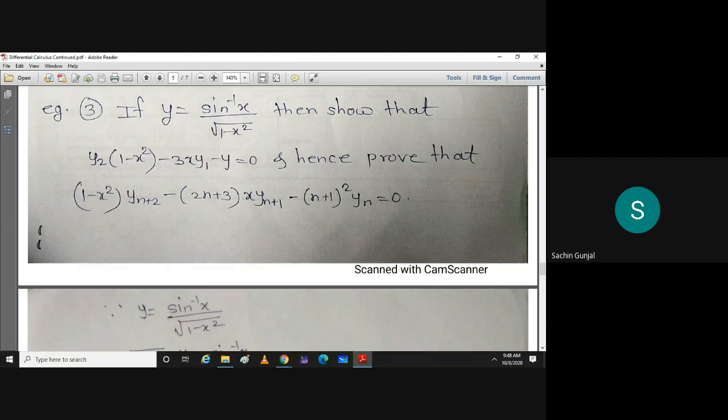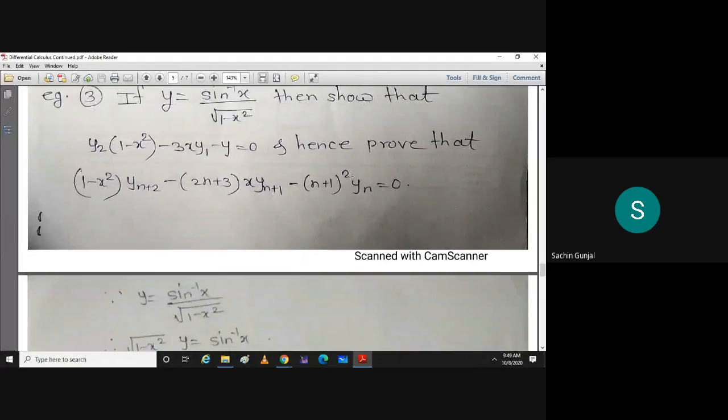If I apply Leibniz theorem to this term, which is taking the nth derivative of the product of these two functions, two derivatives are already there and n more derivatives, so it will become n plus 2 derivatives. Likewise, if you apply Leibniz theorem to the second term, this first derivative is already there, n more derivatives, so that will become n plus 1 derivatives, and then yn.